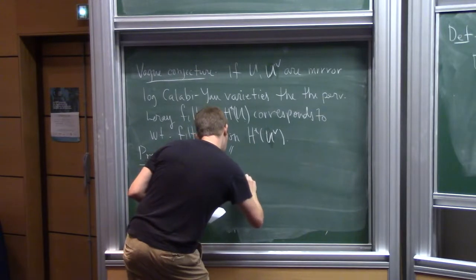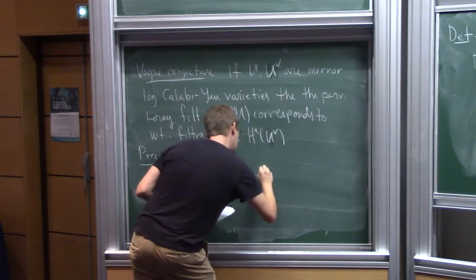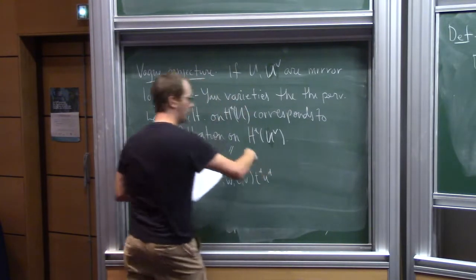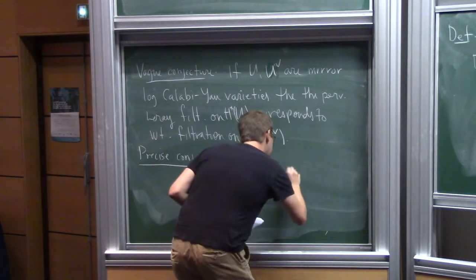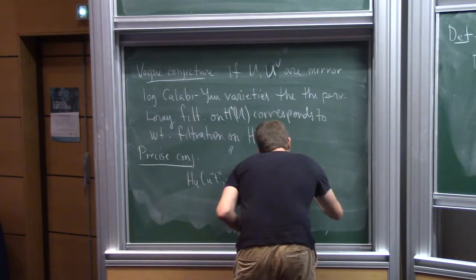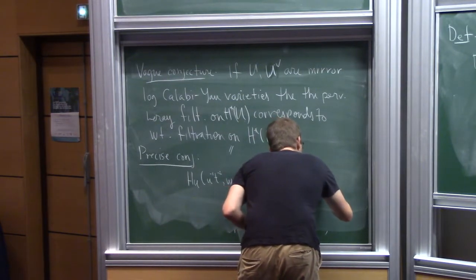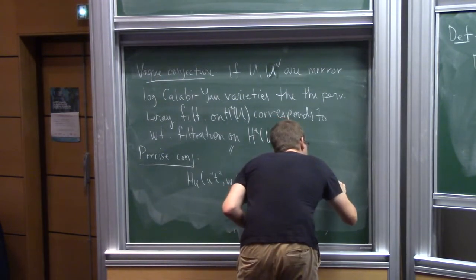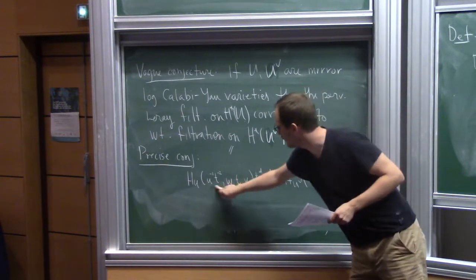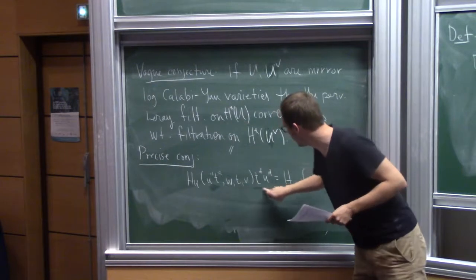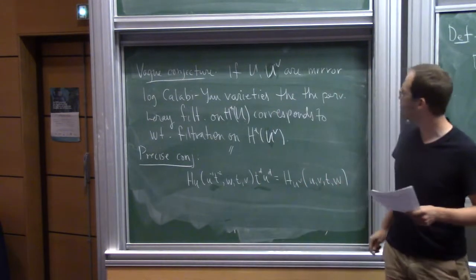W, T, V, T to the D, U to the D, where D is the dimension of U and U check, is equal to H of U check, U, V, T, W. Okay, so I'm switching V and W, and I'm doing something else here that messes around with these, but I'm making up for it by multiplying.